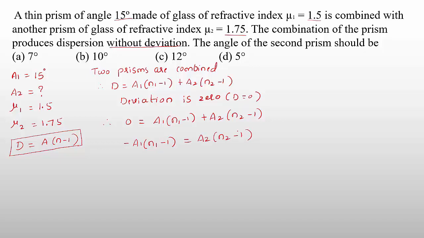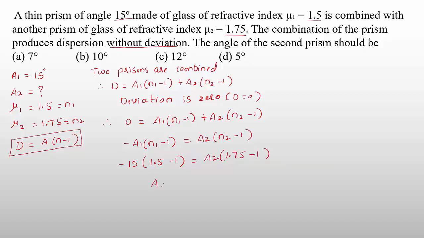Now substitute all the values, so easily we will get A2 value. So A1, that is 15 degree, minus 15, N1 means this is mu1, N2 means mu2. So N1 value is 1.5 minus 1 equal to A2 keep as it is, N2 is 1.75 minus 1.